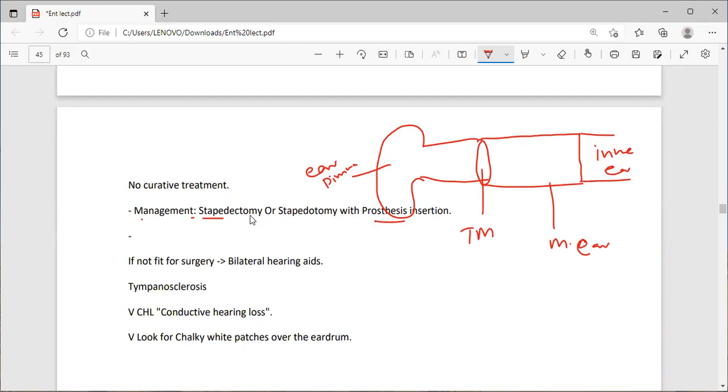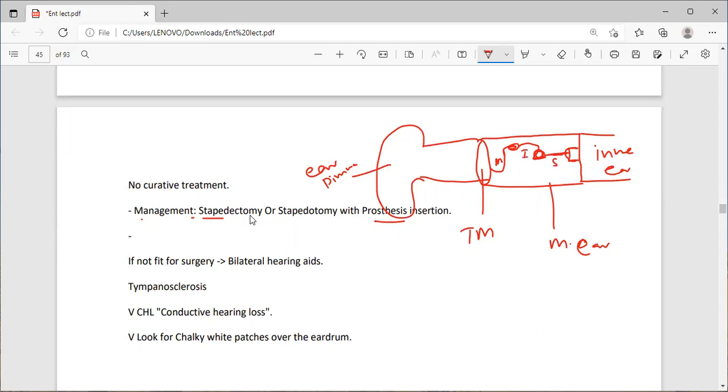There are basically three bones in the middle ear: the malleus, the incus, and the last one, the stapes.